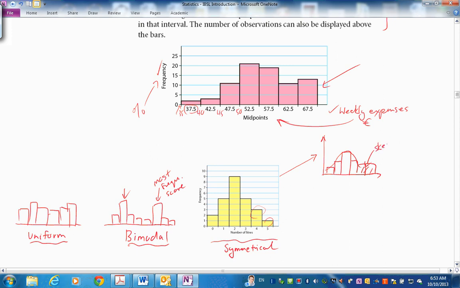Let's put all the different ways people talk about this. This is skewed, most mathematically I suppose, skewed positively. So it's pushing up to the positive side, to the right here. Skewed high, because they are the higher values, or skewed to the right. There are actually three different ways of describing that distribution.